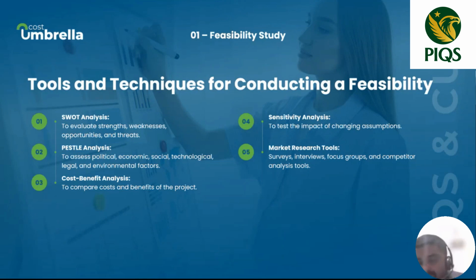I'm not going deep on this, but remember, these are very basic. There will be a lot of tools, but don't memorize the tool names. Just remember, to make a feasibility report successfully, what you need is more and more information. This is what we call feasibility tools and techniques. Can we go to the next slide, please?